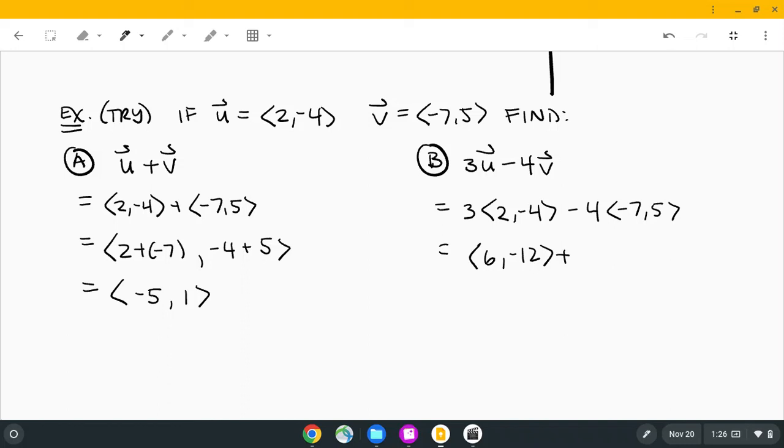I'm going to go ahead and distribute the negative 4 and then add my results. Okay, so I get 28 and negative 20. Okay, and when I add the x components, I get 34, and when I add the y components, I get negative 32.